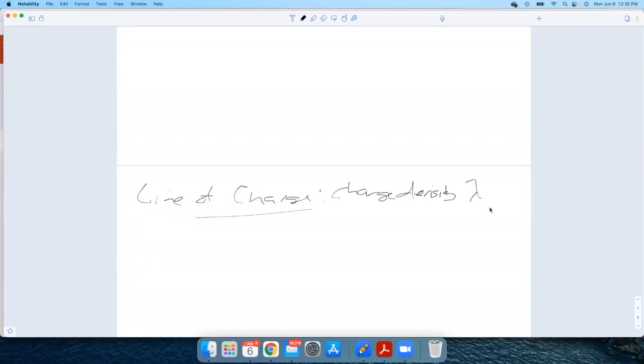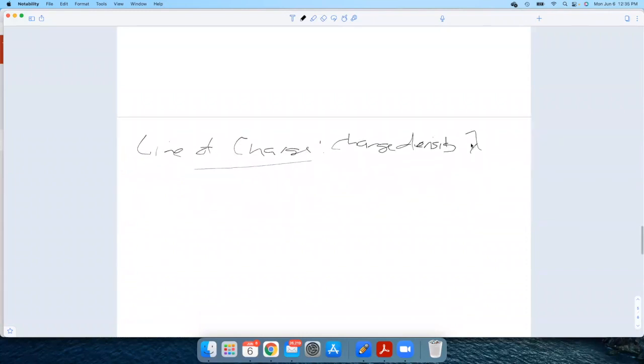I can't say total charge Q because it's infinite. We have an infinite amount of charge with this density, and that density is a linear density in coulombs per meter. So I've got some infinite charge here. Charge density lambda. That's an ugly lambda. Make that guy a little prettier.